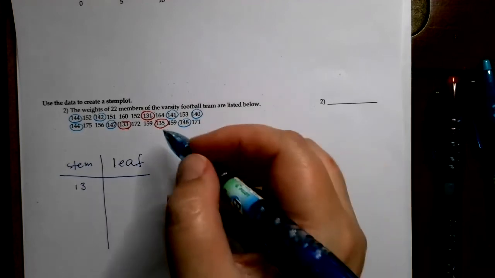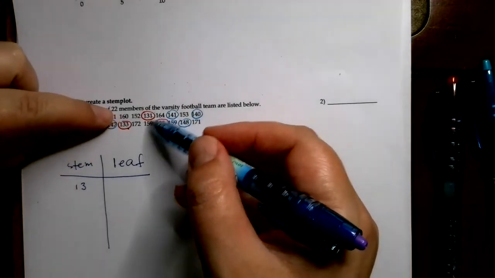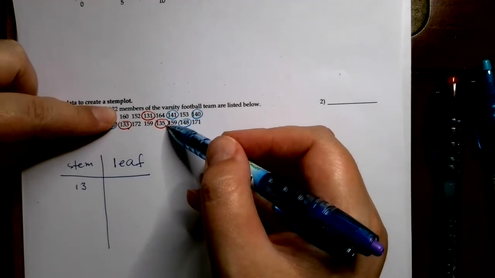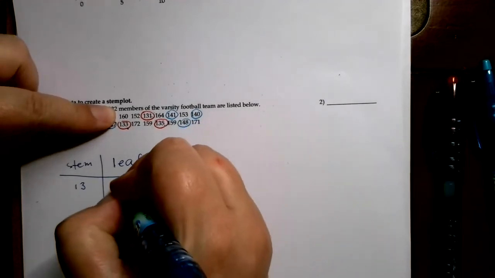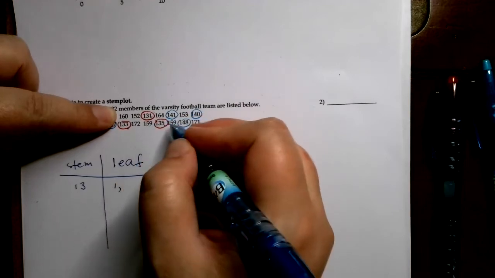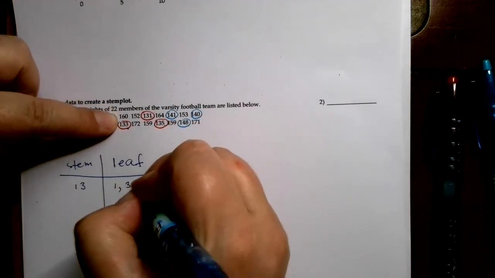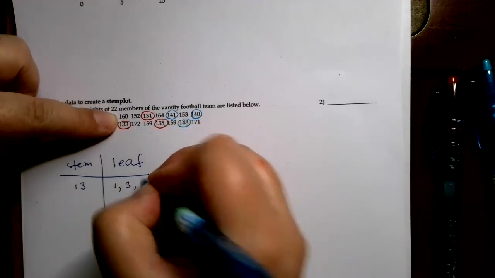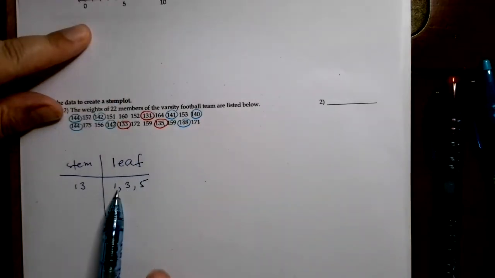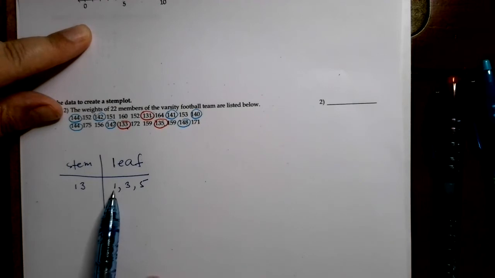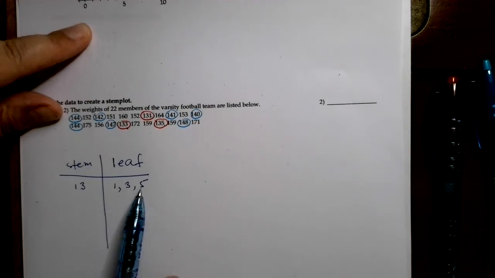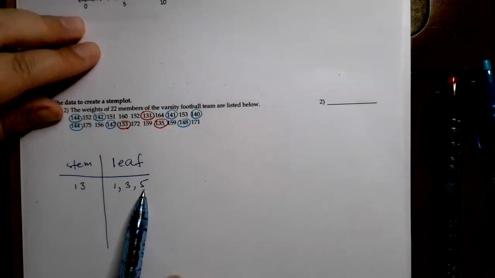Okay, so for the leaf, I'm going to list those last digits in ascending order. So 1 first, and then 3 is next, and 5 is next. So I have 3 numbers that start with 1, 3, and the first ends in 1, the second ends in 3, and the last one ends in 5.